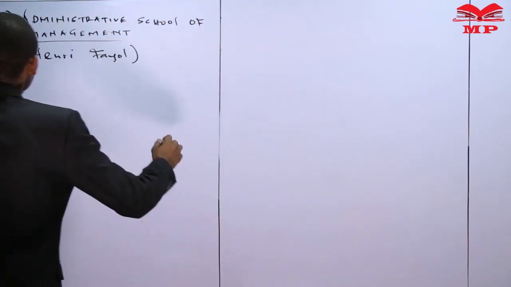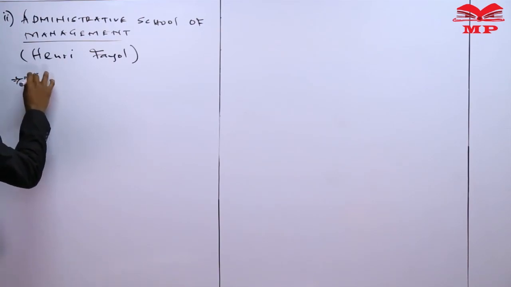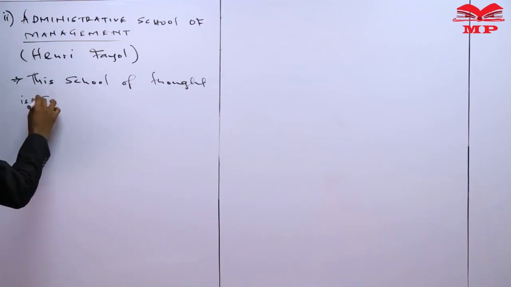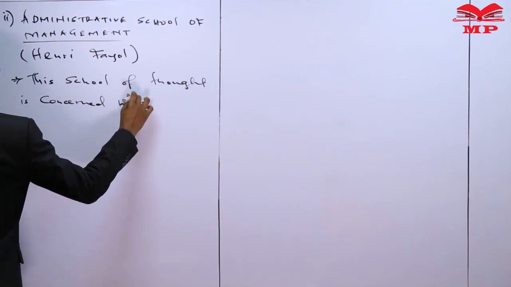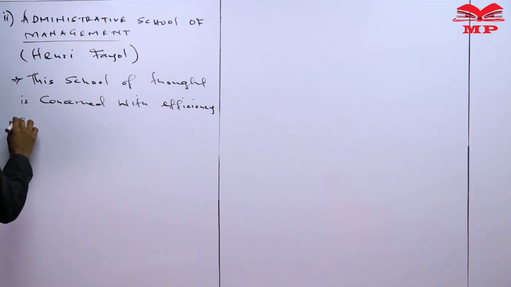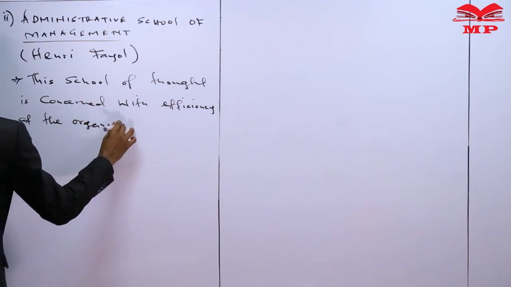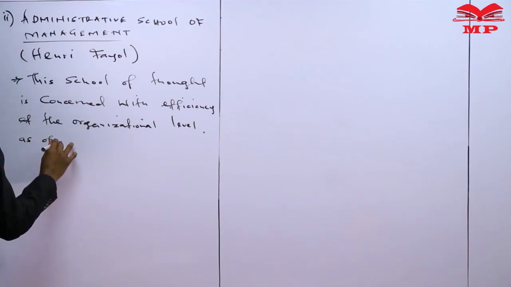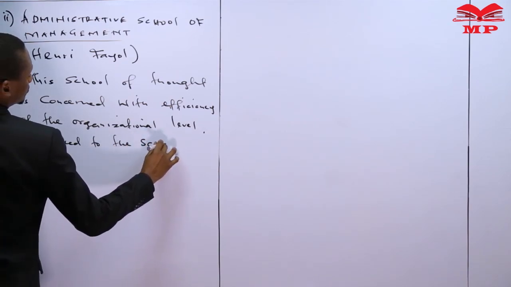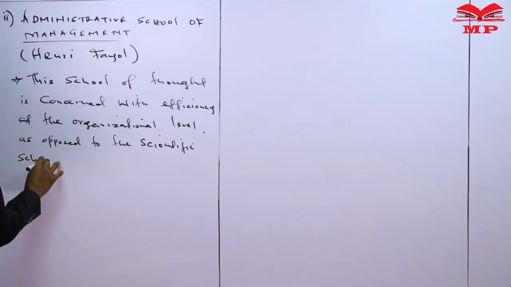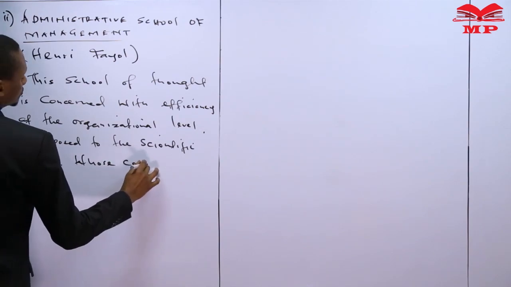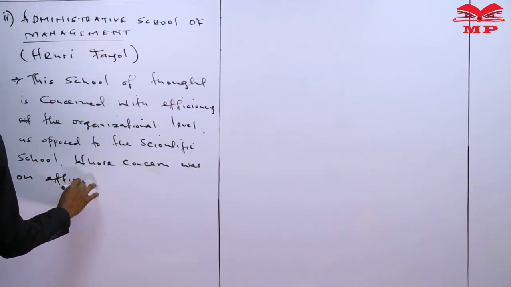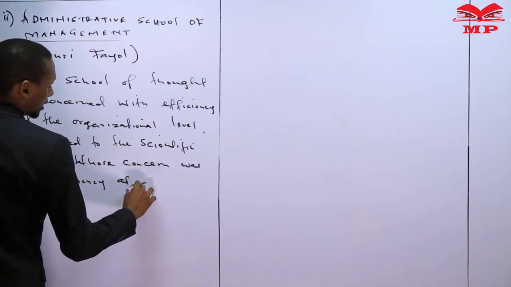So generally, we're saying that this school of thought is concerned with efficiency at the organizational level, as opposed to the scientific school, whose concern was on efficiency at an individual task level.